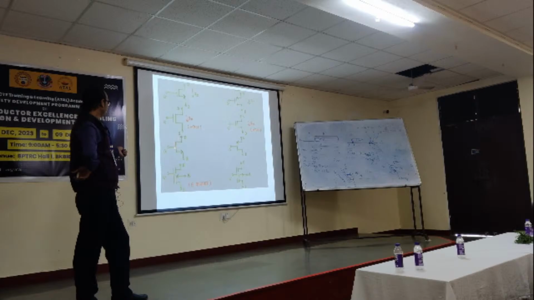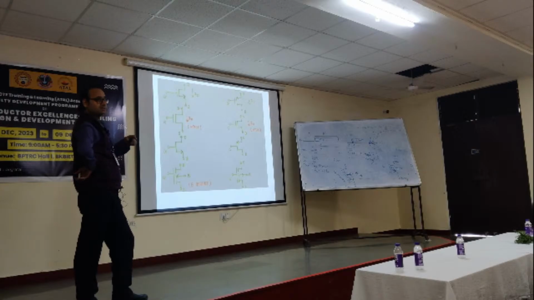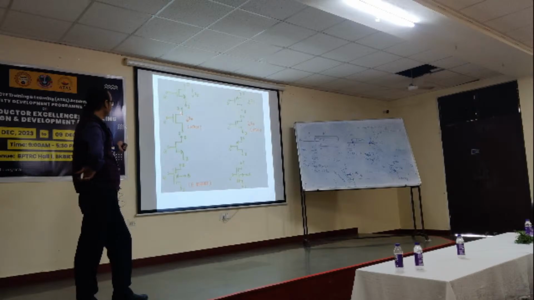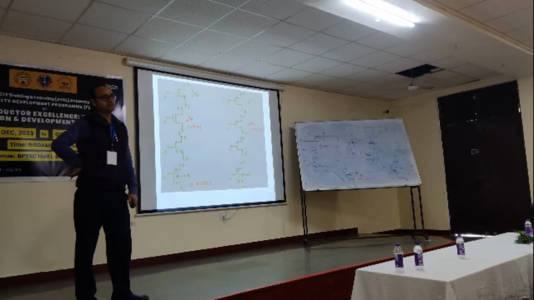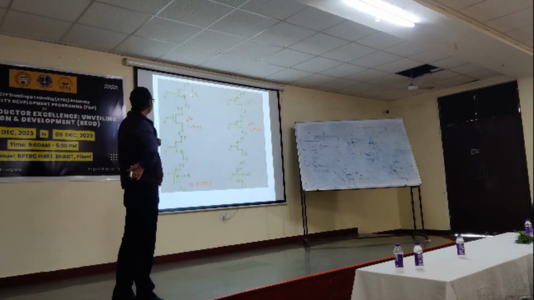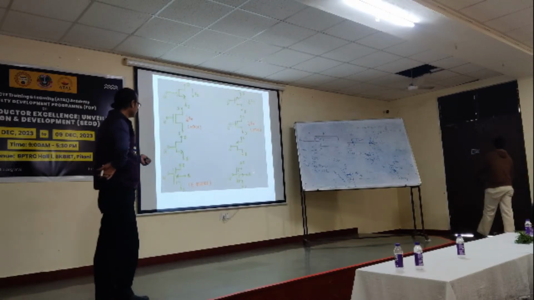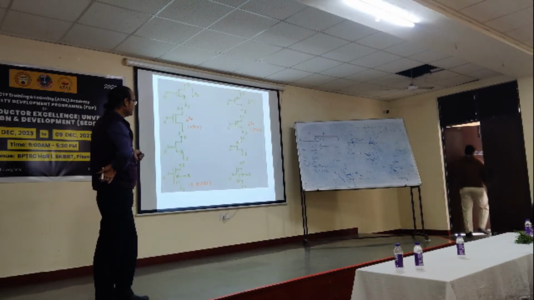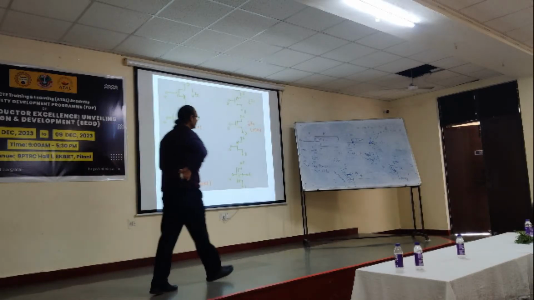Sometimes they will draw this symbol and just mention ID and write NMOS. That's it. This also happens, and this is most common. The first one is PMOS. So there is one way of representing NMOS and PMOS as well.